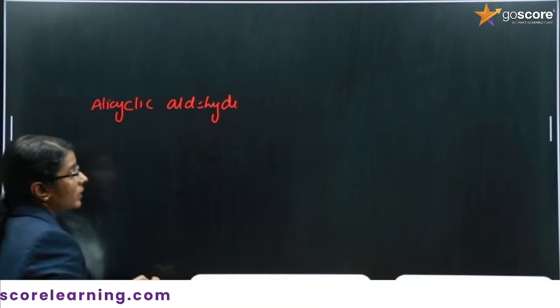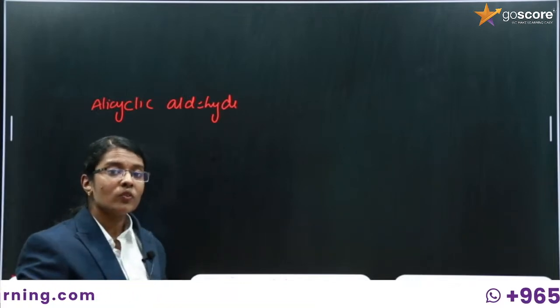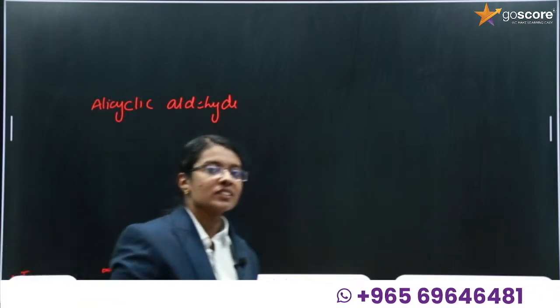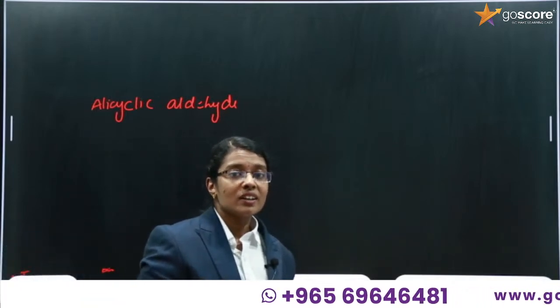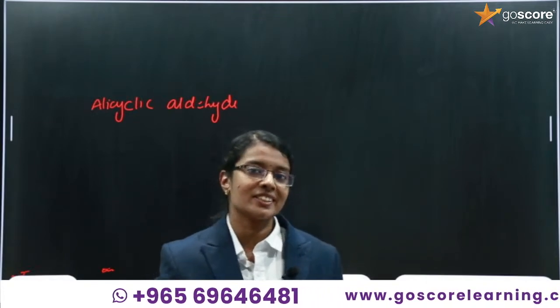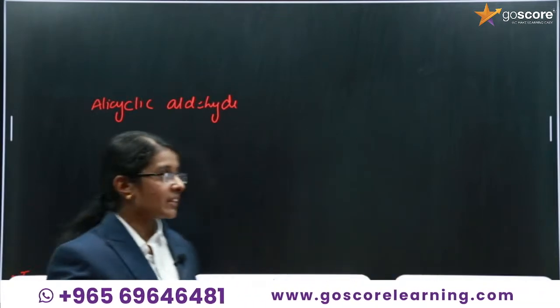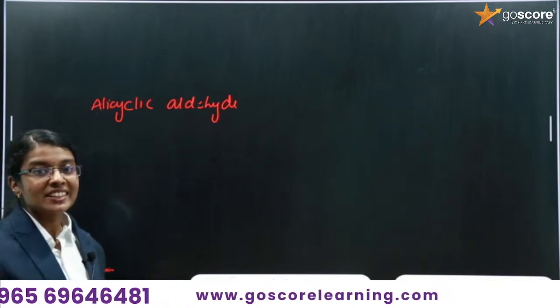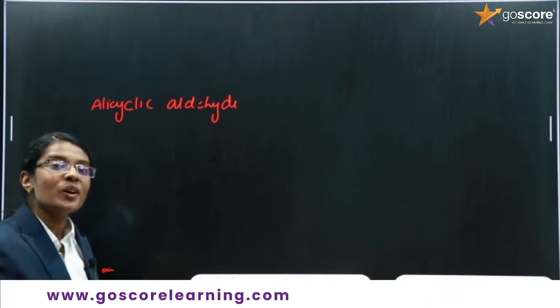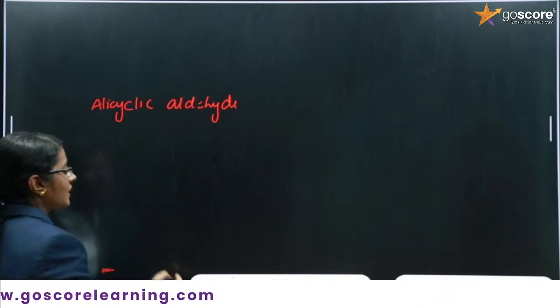So, if it is an alicyclic compound, what will be the IUPAC naming? Comment in the comment box. What will be the IUPAC name of an alicyclic compound? It is cycloalkane carbaldehyde.